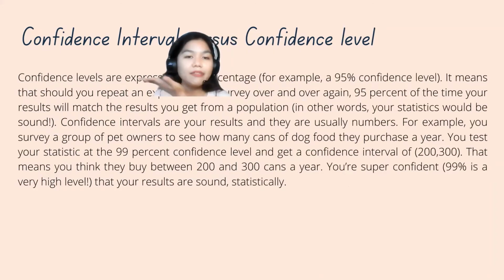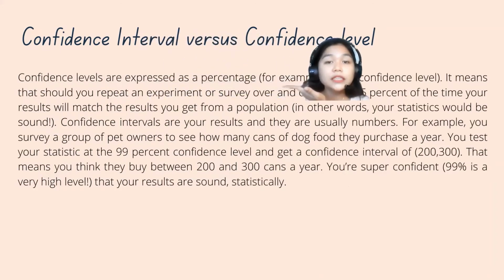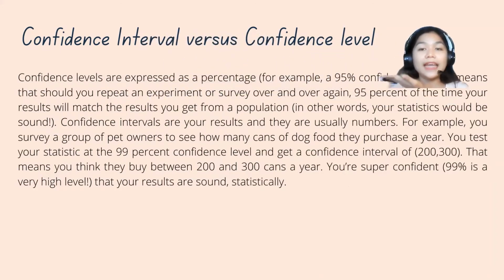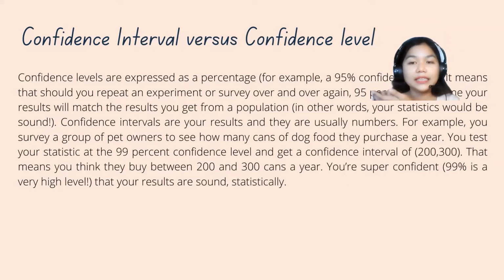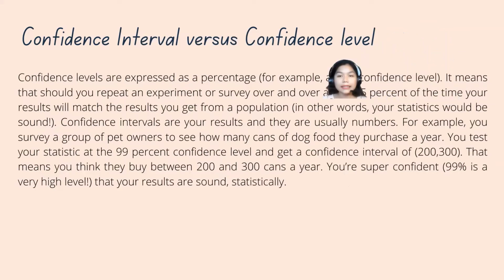So confidence levels are expressed as a percentage. For example, 95% confidence level. It simply means that you should repeat an experiment or survey over and over again. 95% of the time, your results will match the results that you obtain from a population.